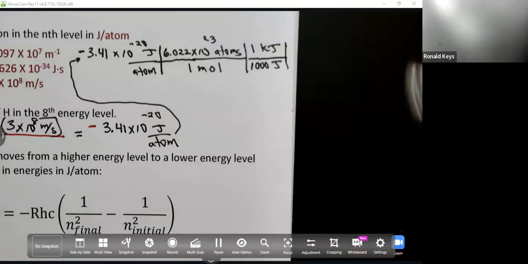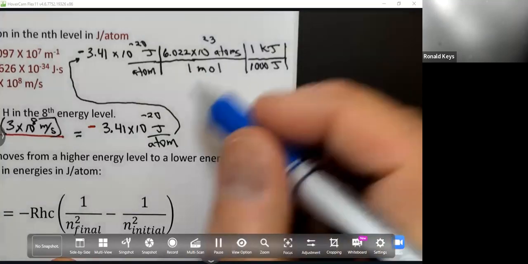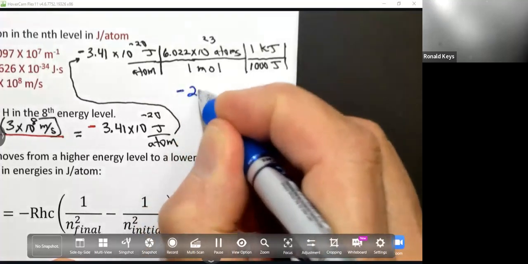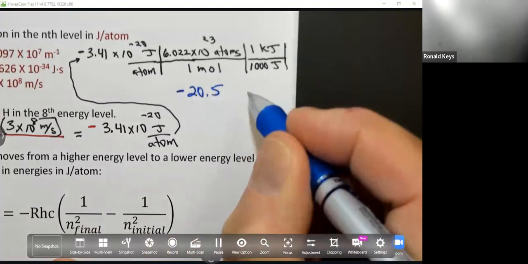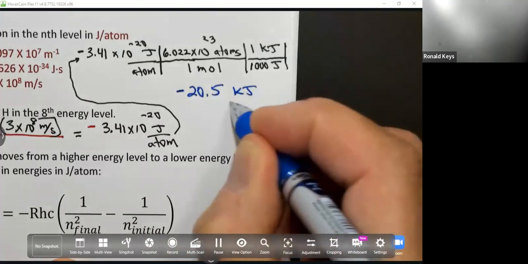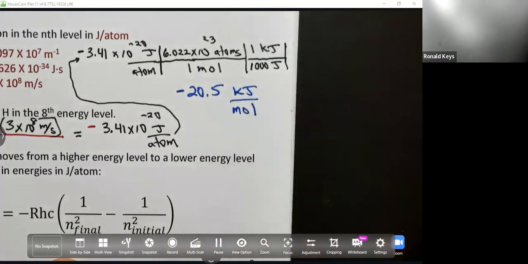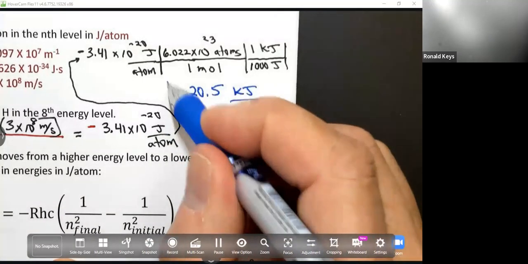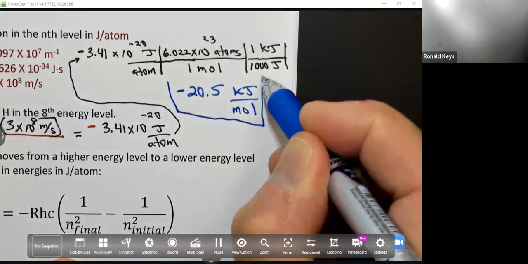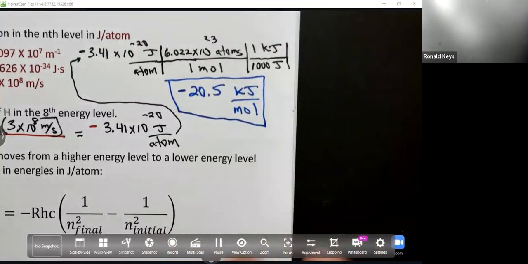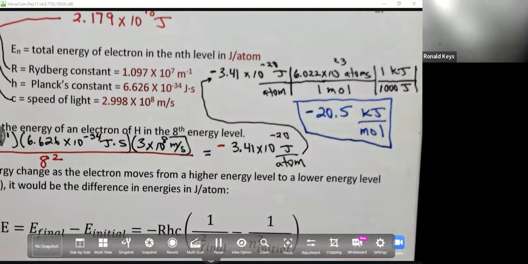And I think we finally will get -20.5 kilojoules per mole.